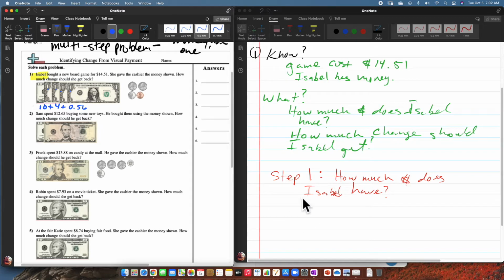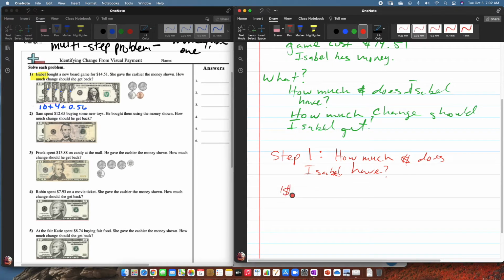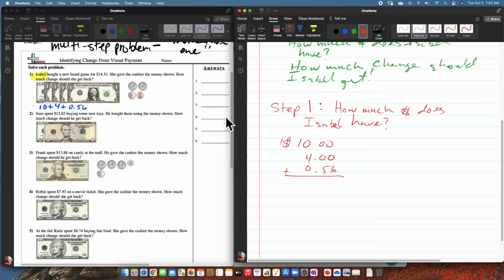So we can go ahead and do that addition right here, right? So step one will be that she has $10, she has $4, and then lastly she has 56 cents. So when you do this addition here, 0 plus 0 is 0, plus 6 is 6, 0 plus 5 is 5. We bring down our decimal, 4 and 1. So she has a total of $14.56.